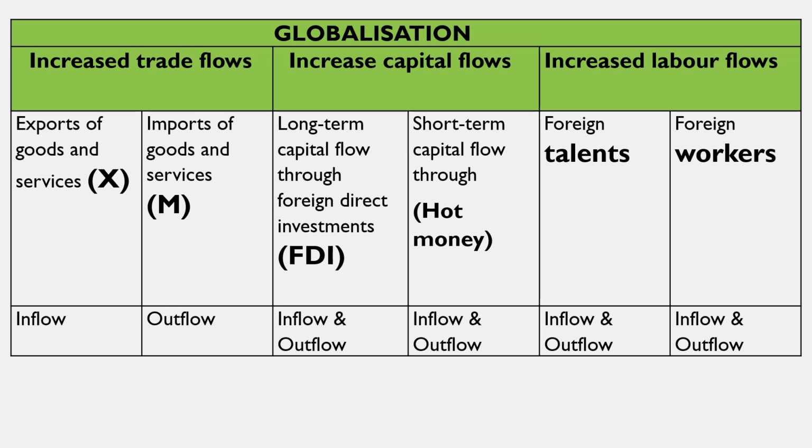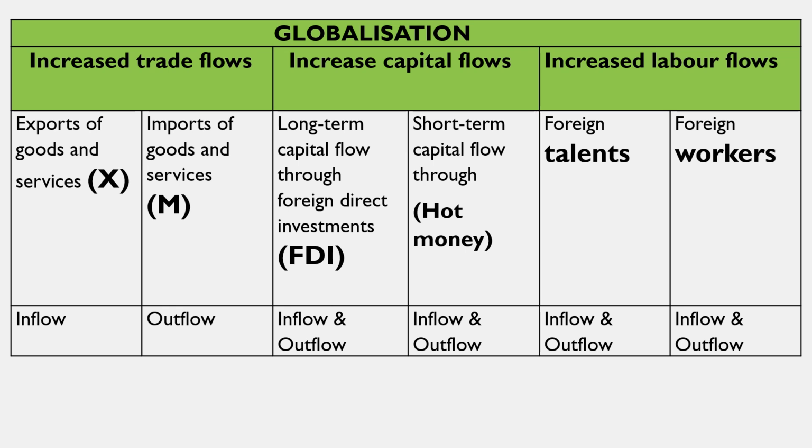Last but not least, we have increased labor flows. So in labor flow, we want to take note there are two types of labor. One is foreign talents, who are highly skilled, highly educated. The other one is foreign workers, who have fewer skills. And in both cases, we can have inflow and outflow.